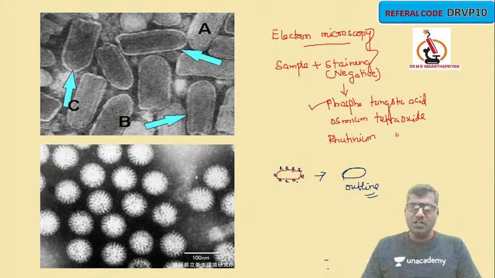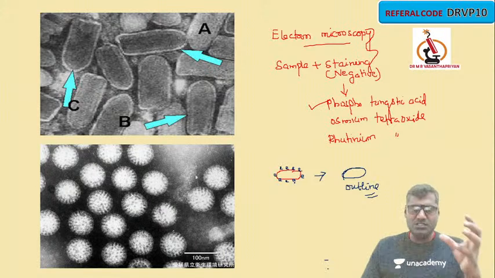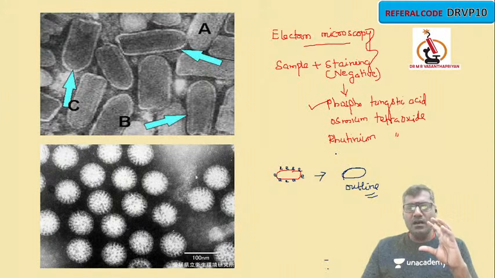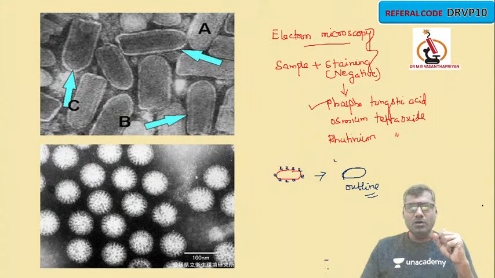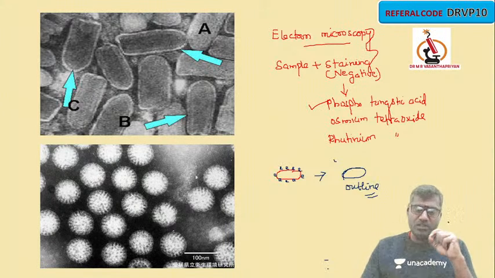In the eyepieces we see only the outline. Based on this outline or morphology, some of the viruses are demonstrated.